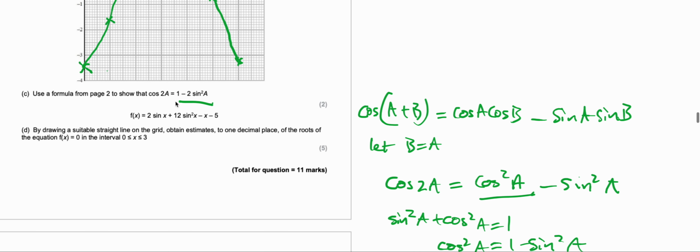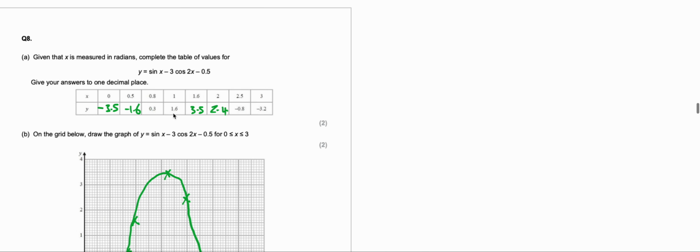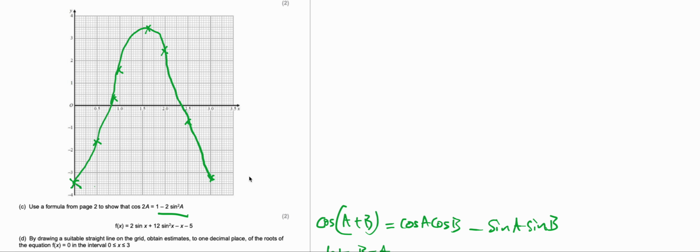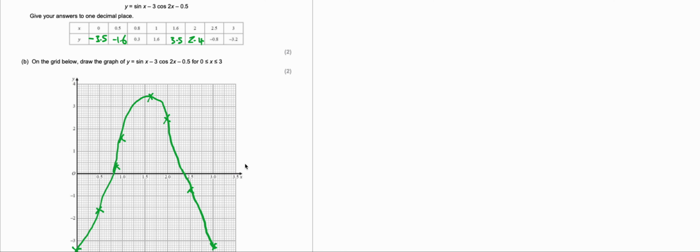So now we have this equation here, 2 sine x plus 12 sine squared x minus 5. Now, if we look at our equation, it's sine x minus 3 cos 2x. We're going to have to get clever here. We have to find the connection between part C and part D. So let's write the equation out first. Y equals sine x minus 3 cos 2x minus 0.5.